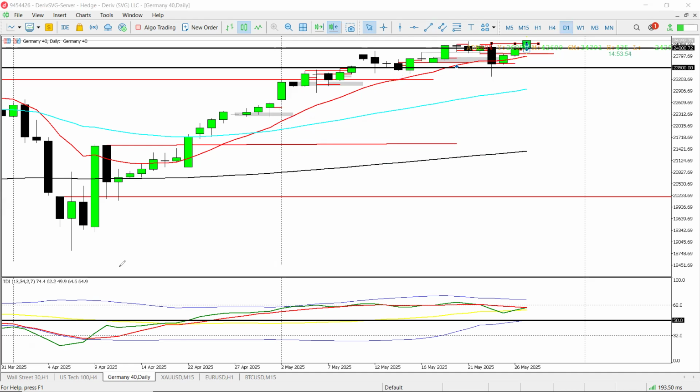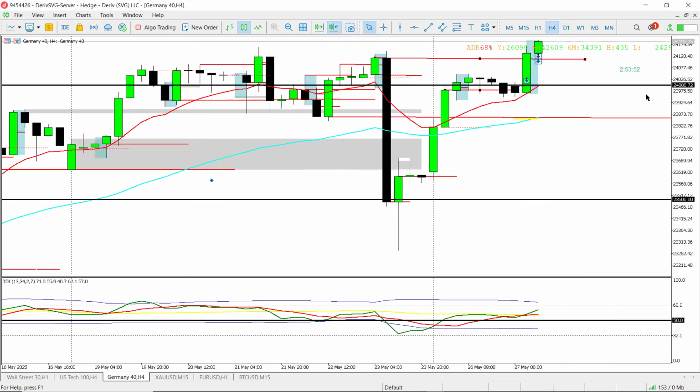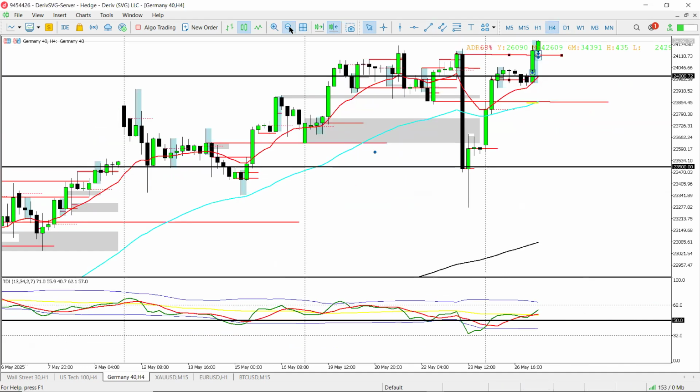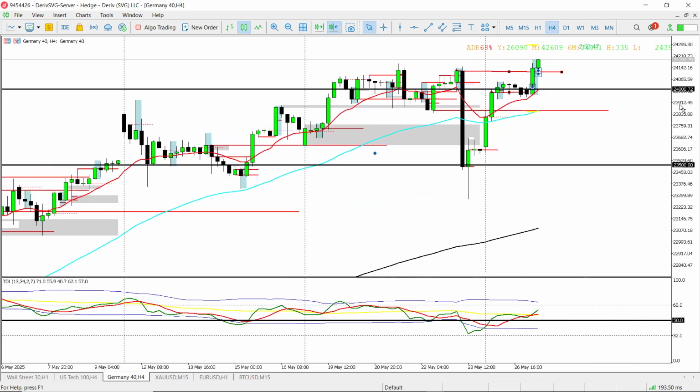After confirming our bias, you can take a quick glance at the 4-hour time frame just to see how your weekly chart is expanding. You see we had this, which looks like a trend reset. This was last week, finding support again on this level. That's the daily candle which found support on the 13 EMA.